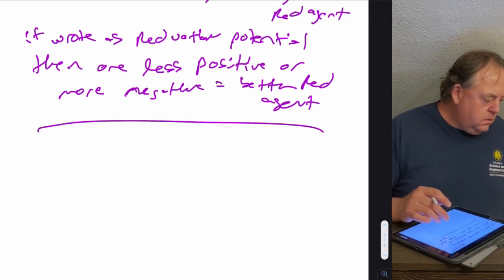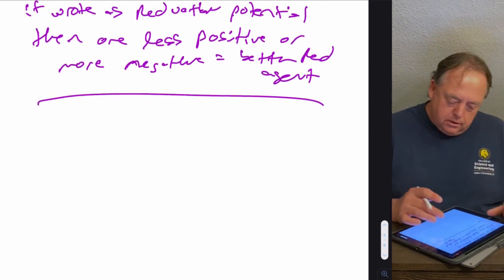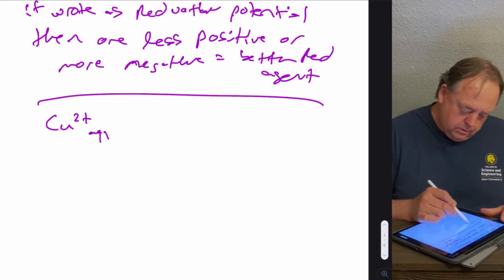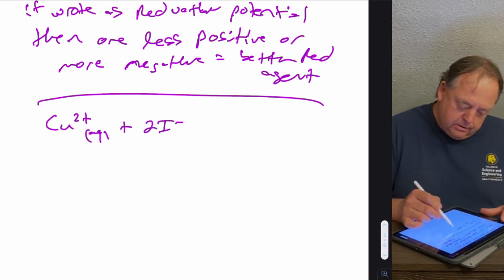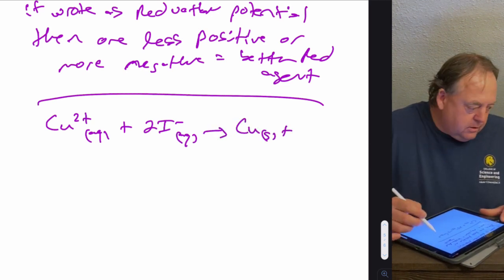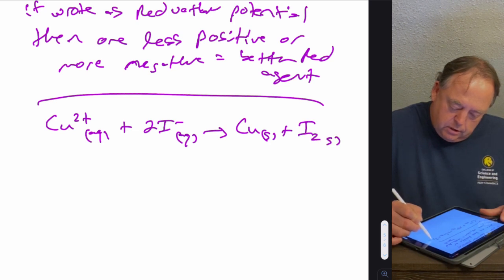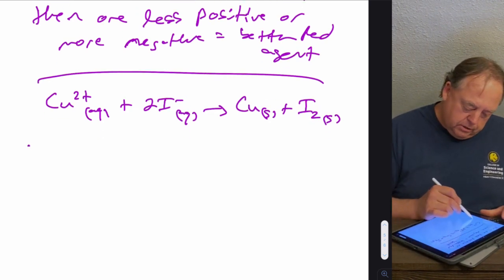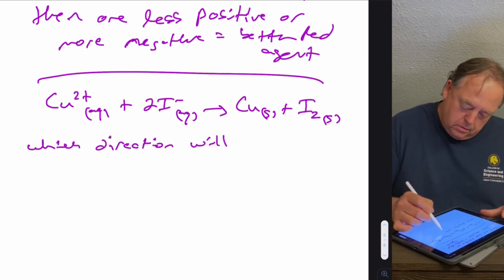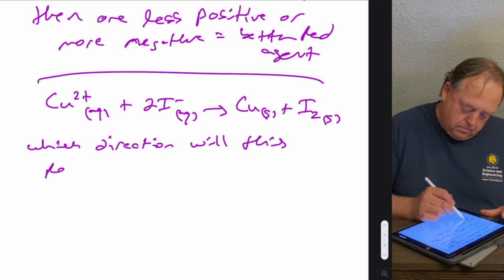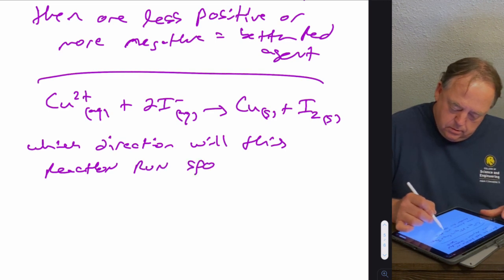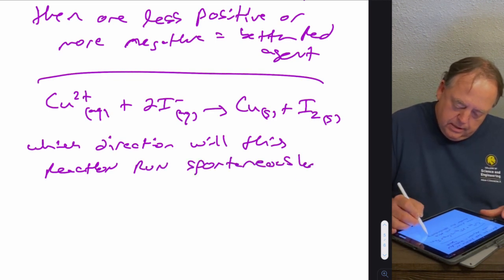Okay, let's take another reaction that's similar to that. If we had this reaction, Cu2+ plus 2I minus to make copper solid plus I2 solid, which direction will this reaction run spontaneously?